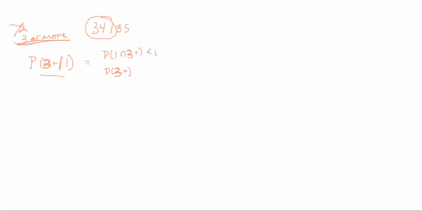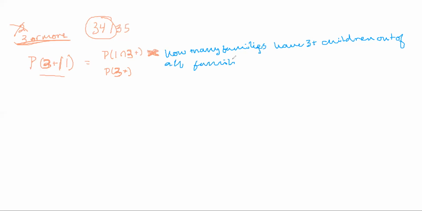This is not equal to 1. I screwed up there. Don't listen to me. Okay, so basically what this is asking is how many families have 3 plus children out of all families with at least 1 child.